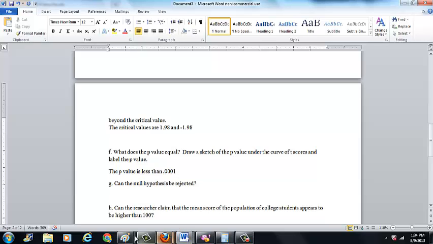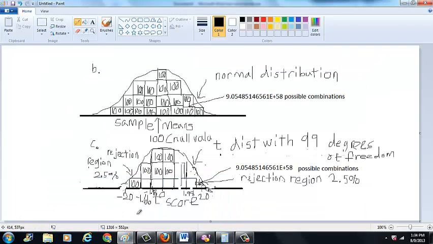We need to draw a sketch of the p-value. The p-value is the area that's at our test statistic of 20, or further to the right here.